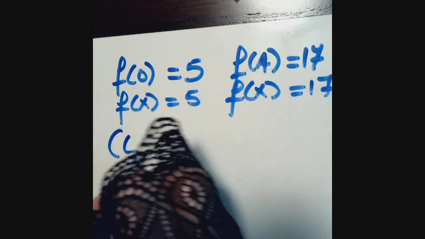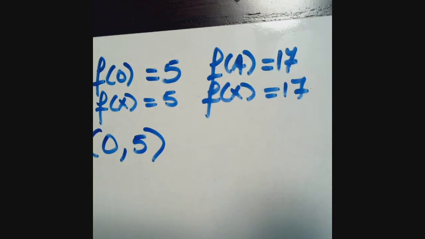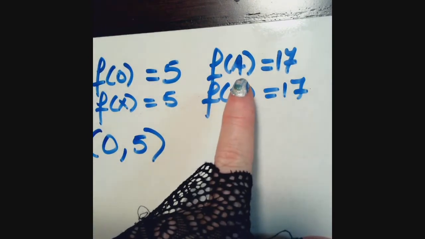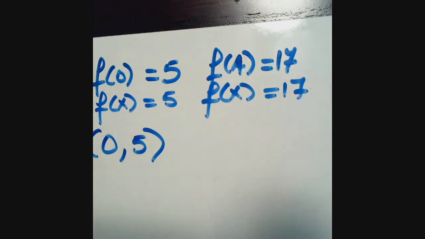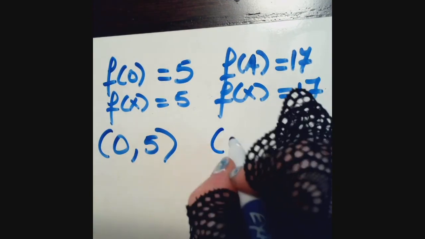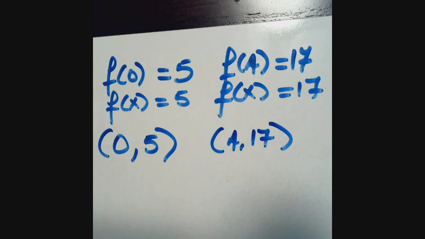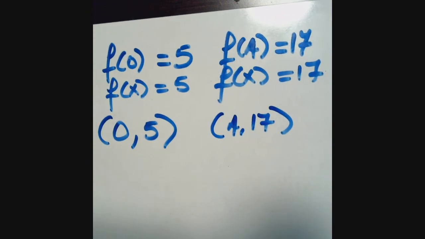So I can say the first ordered pair is (0, 5), correct? Then if I look at the other one in functional notation, that's why you have to get familiar with either way. Whether they write it as an ordered pair, just like this, or they give it to you as functional notation, you understand that they mean the same. So the next one is going to be (4, 17). Okay, so there's your 2 ordered pairs.